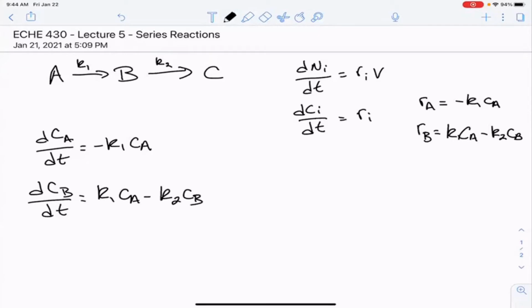Great. And we know that dCC/dt for this constant volume ideal batch reactor is then equal to RC. So what's RC equal to?